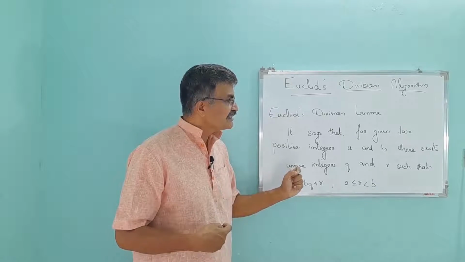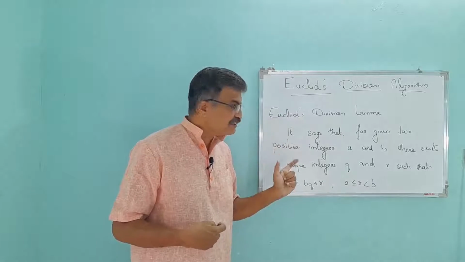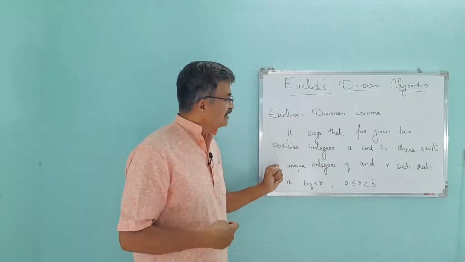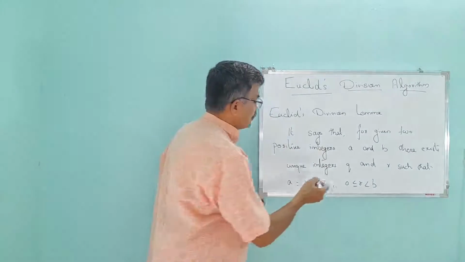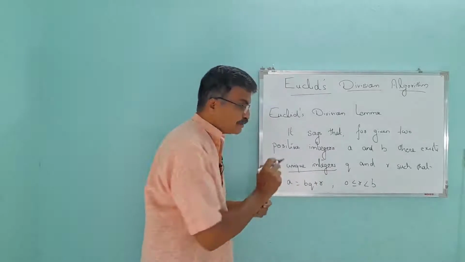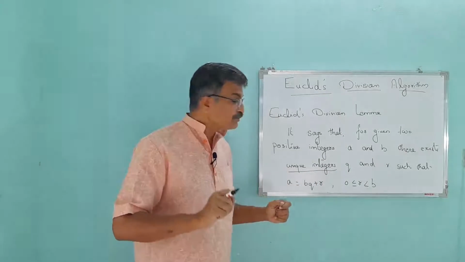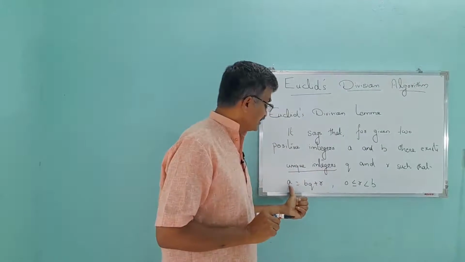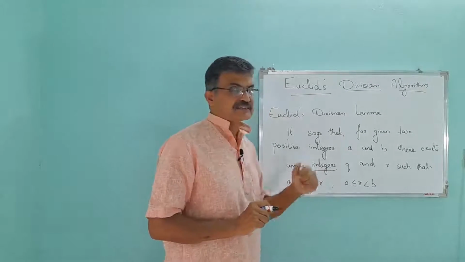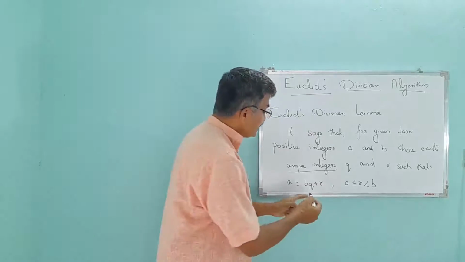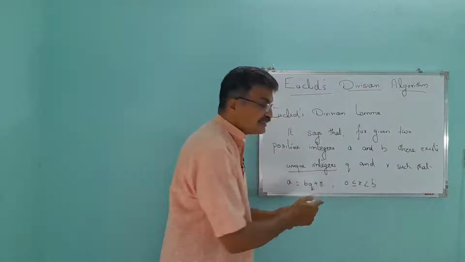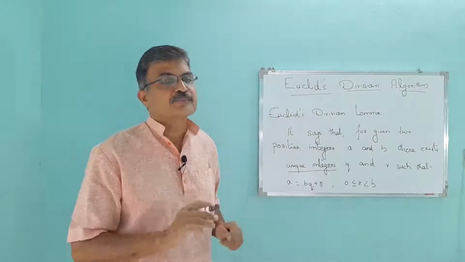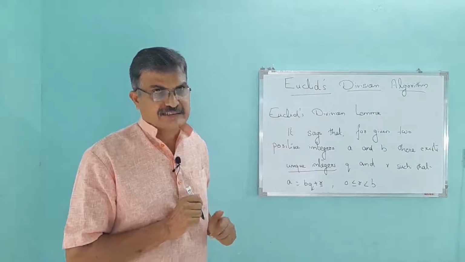This lemma says that for given two positive integers a and b, there exist unique integers. That's very important. These are the one and only integers q and r, such that a is equal to bq plus r. These letters q and r are not in the original form, as described by Euclid.